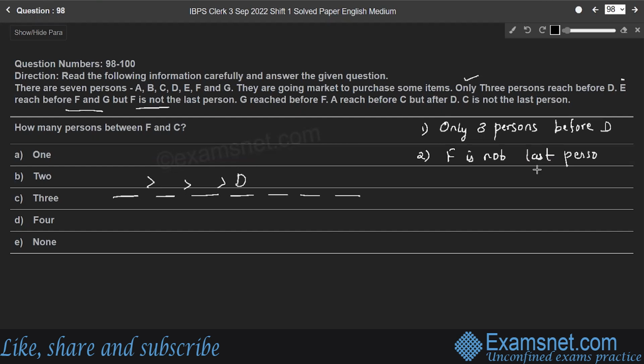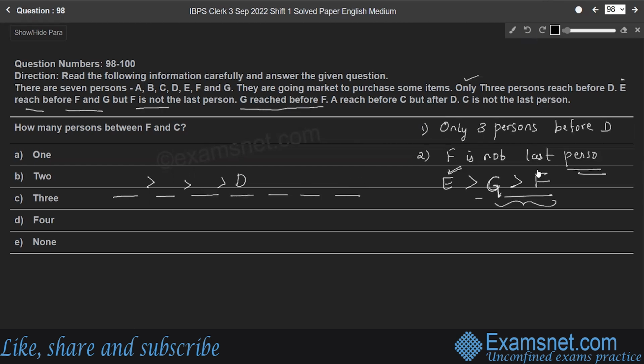E reaches before F and G, and G reached before F. So we combine these two: E reached before G and F. Since F is not the last person, we cannot take the position of F there.